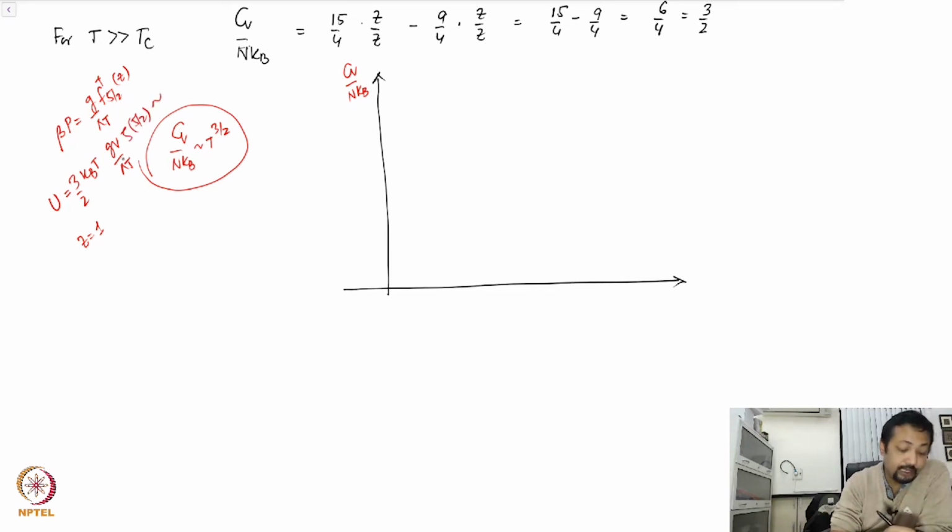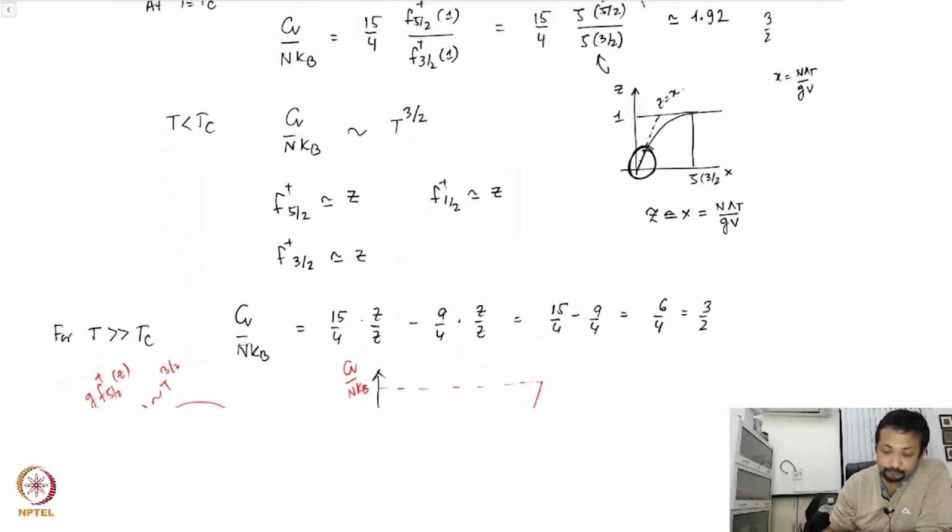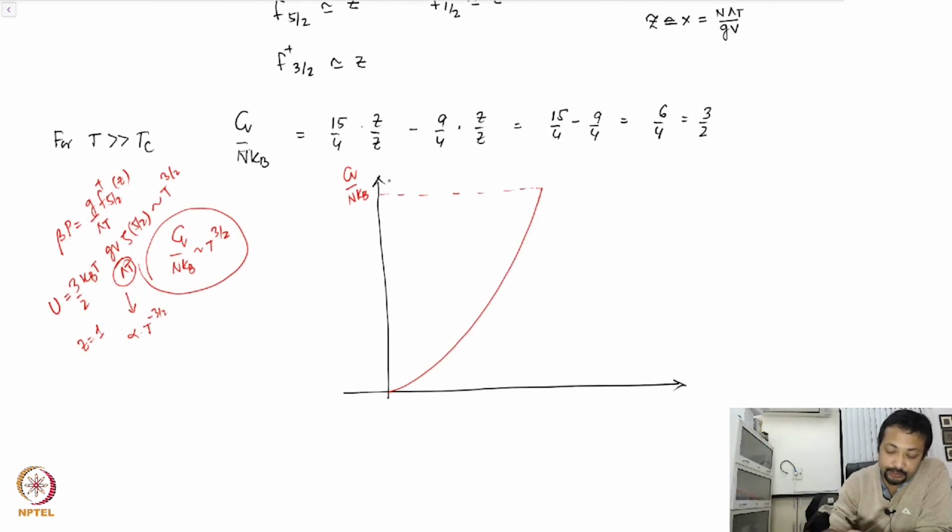Since I have a 1 by lambda T, this goes as T to the power 3 by 2, since this quantity goes as T to the power minus 3 by 2. So therefore I plot now, this value is going to be 15 by 4 zeta of 5 by 2 divided by zeta of 3 by 2, right?